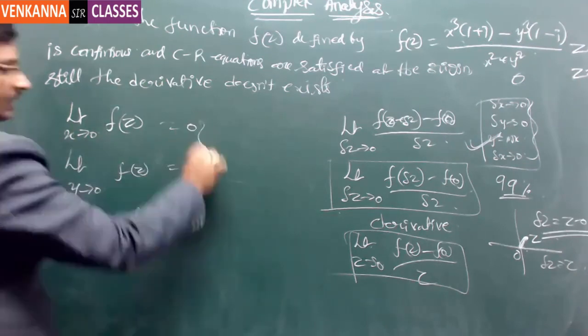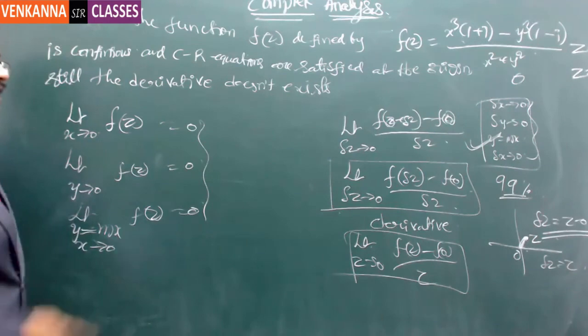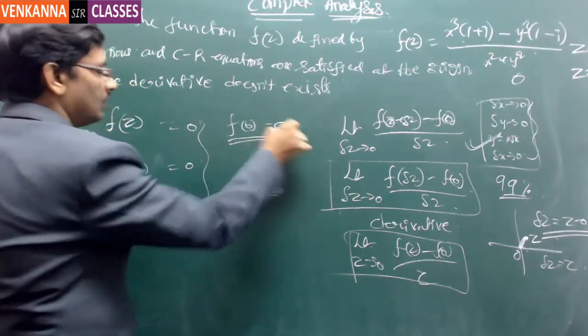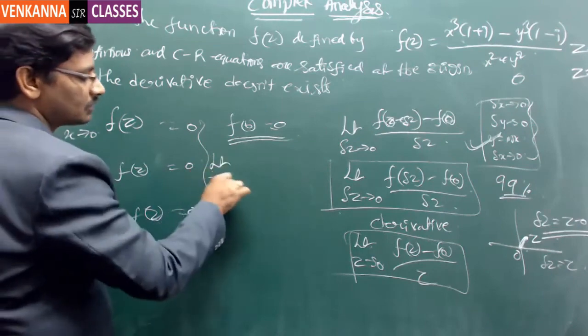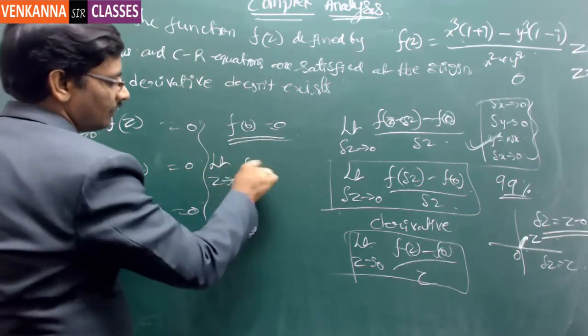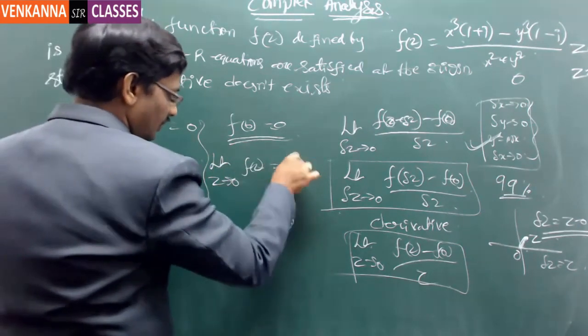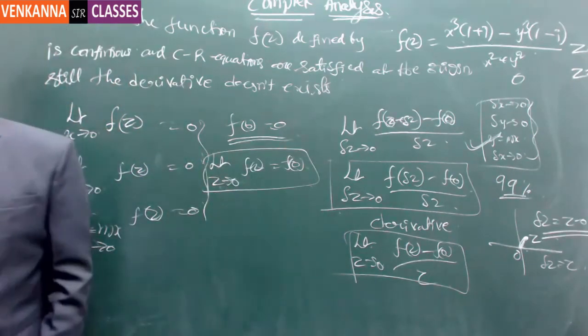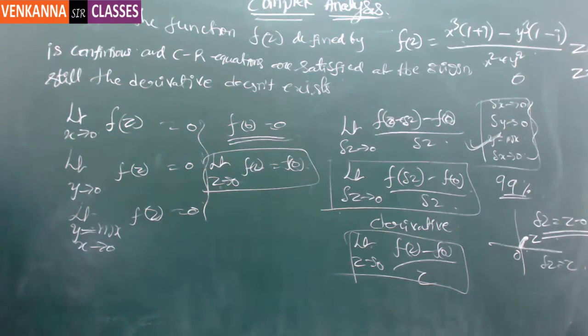So in all three directions, this is 0. At the same time, the function value f of 0 is equal to 0, and the limit as z tends to 0 of f of z is equal to f of 0. Hence, the function is continuous. Got it?